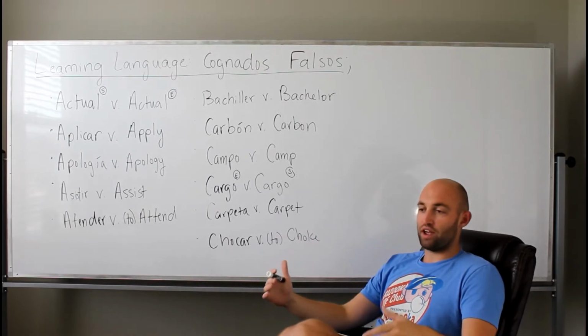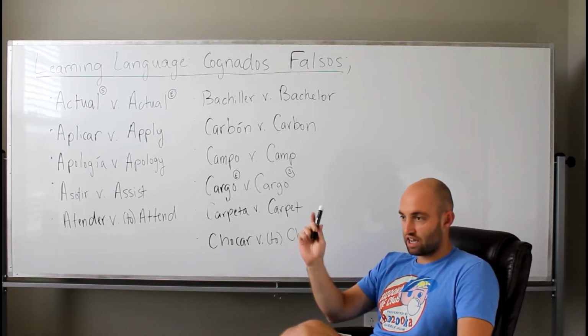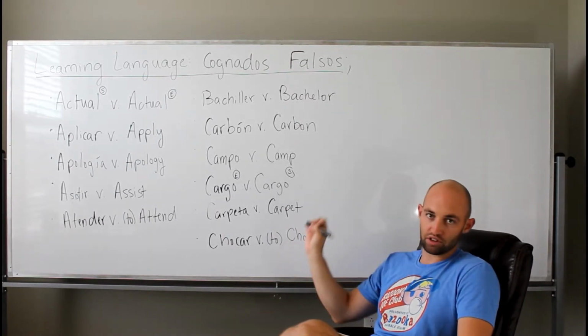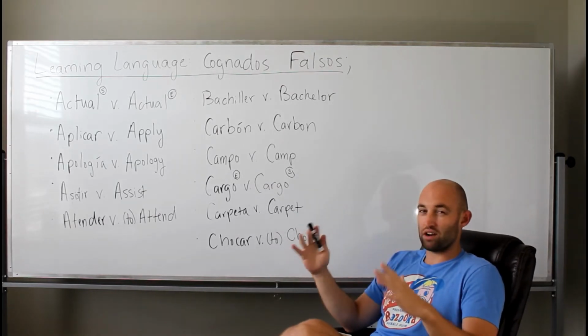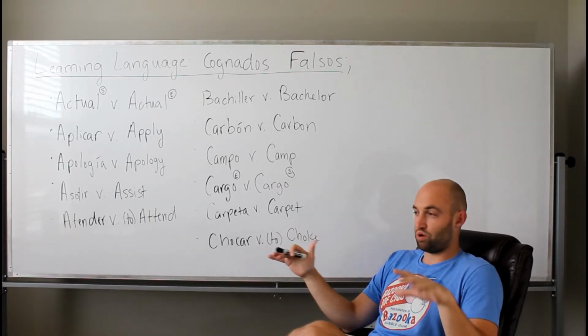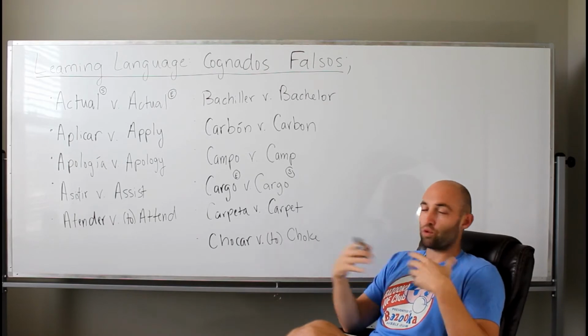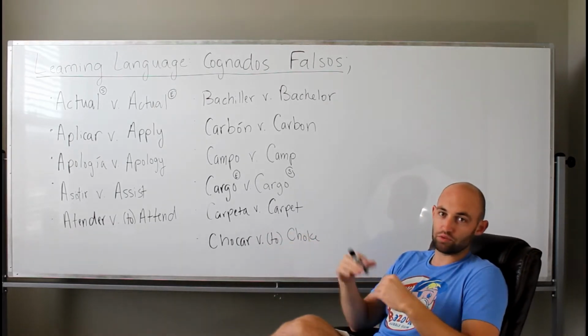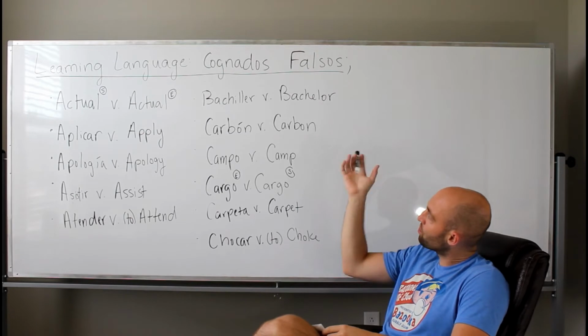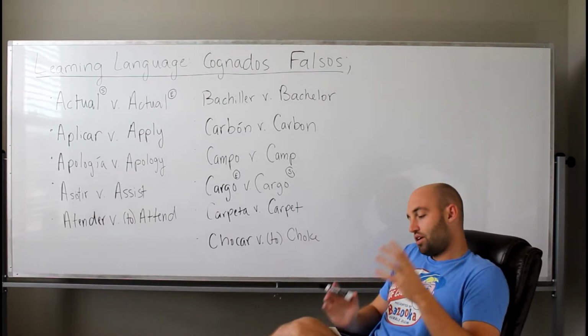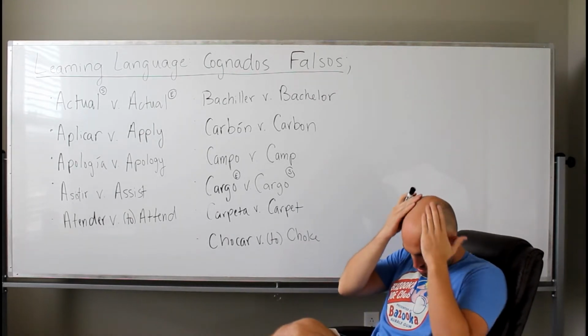But go through your whole day in your native language, literally sit down and translate whatever your thoughts are into another language word for word. If you do that a couple of times, I guarantee whatever overwhelming feelings you have about learning a language will literally go away. But cognados falsos, context defines a variable.